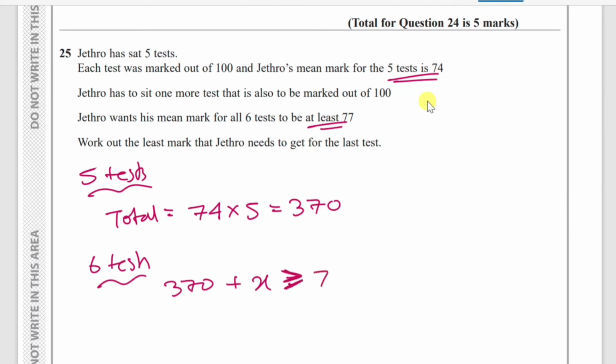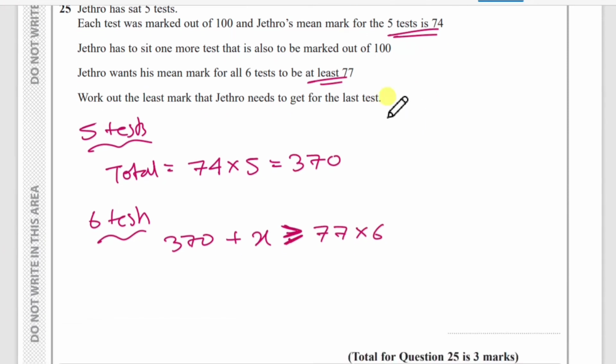It needs to be 77 times 6. Let's work it out. That's going to give us 462. So it's going to be 370 plus x greater than or equal to 462 marks.